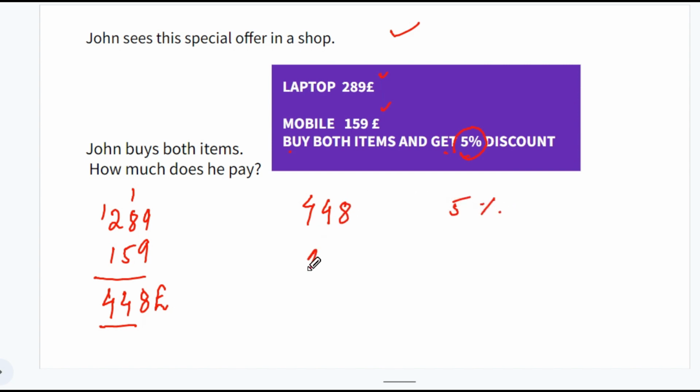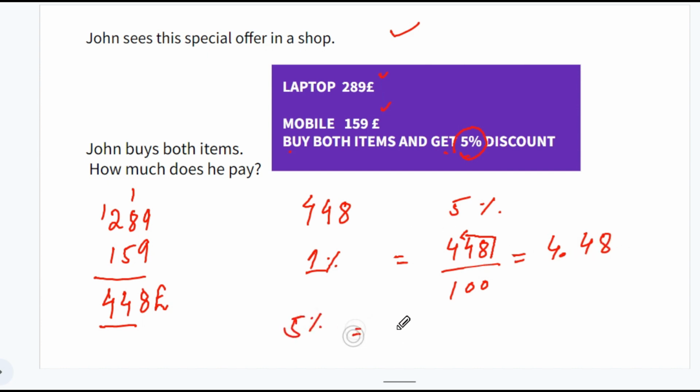First you need to find 1%. 1% means 448 divided by 100, that is 4.48. Why? Because there are two zeros, you need to move your decimal 2 places backwards. So it will become 4.48.